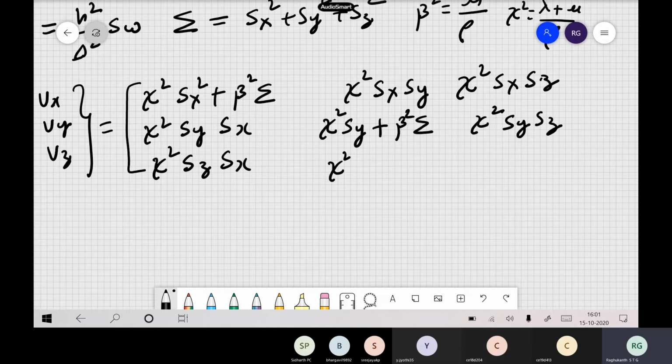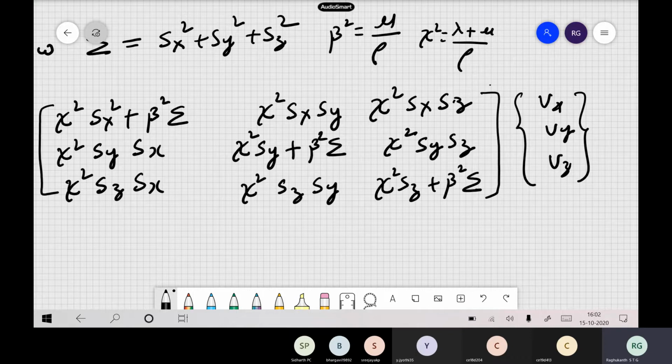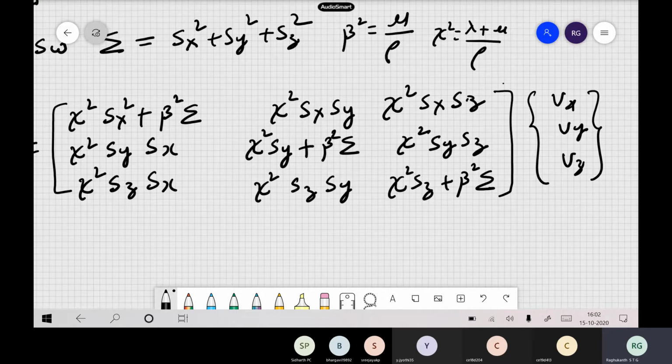Okay, so psi square sz sx, psi square sz sy, then we have psi square sz square plus beta square sigma, multiplied once again by vx, vy, vz. You followed? So this is our final expression.